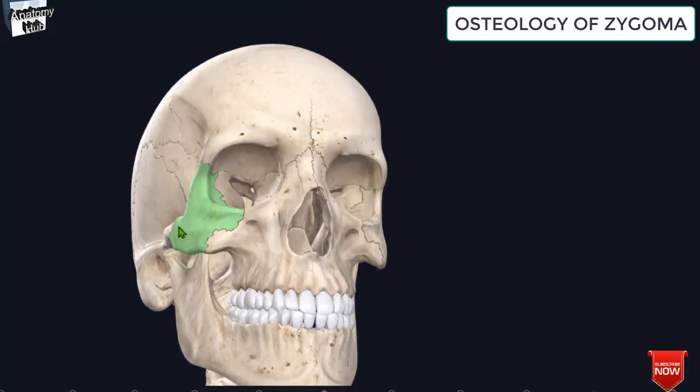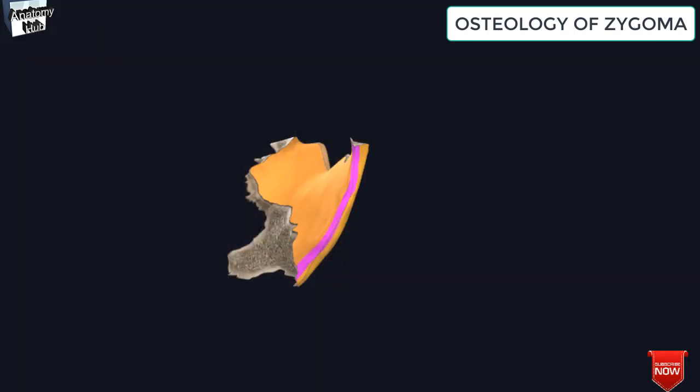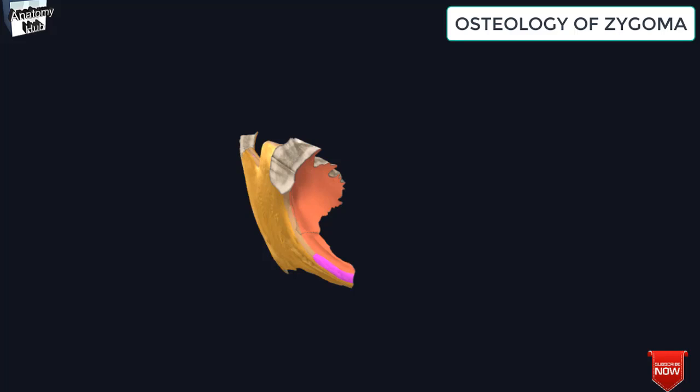This zygomatic bone has the inferior border that you can observe over here. This inferior border is directed posteriorly and inferiorly, and it gives origin to the masseter muscle. Like that, we will find the infraorbital margin.